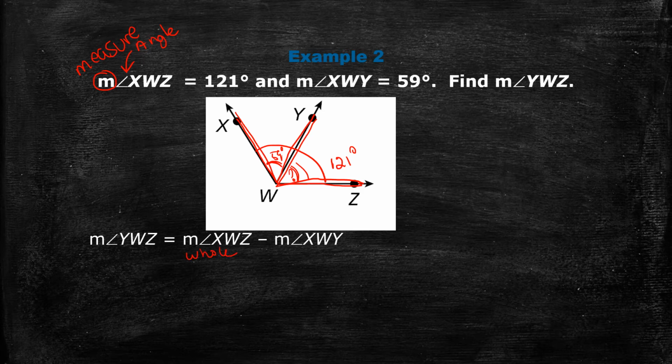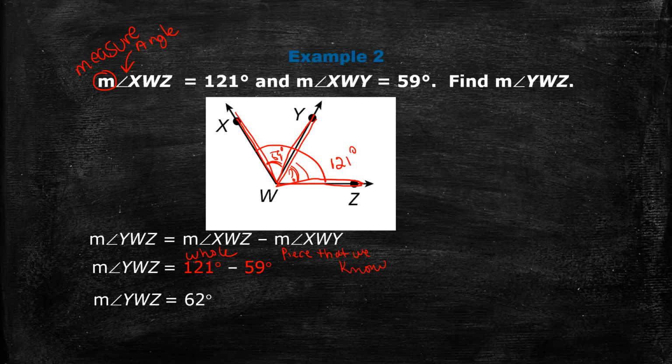This is the whole big one, XWZ, minus the piece that we know. The whole big angle minus the piece that we know. Okay? So what are those values? It's 121 minus 59, and that gives us 62. So the missing angle there is 62 degrees.